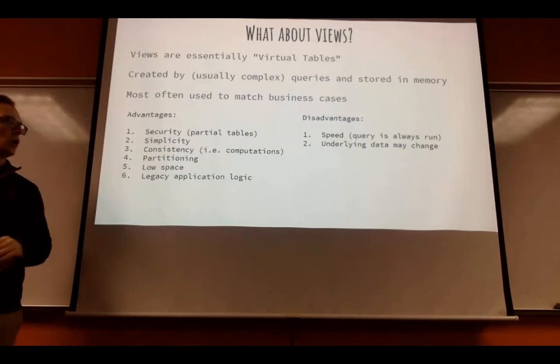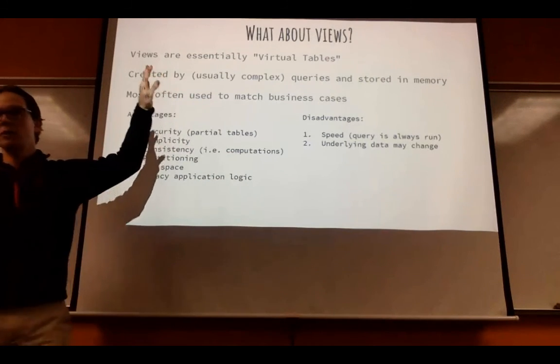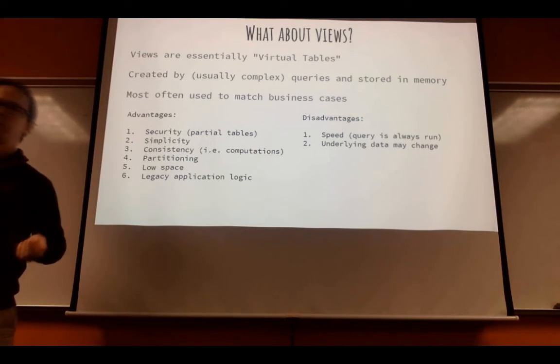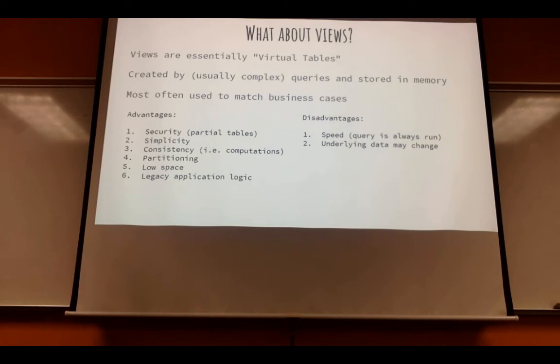Consistency, right? So if I can have computed columns inside my view because it's just a select statement, right? My view might be select sum from dollars sold or something like that, and every time somebody looks at that screen, it automatically updates.